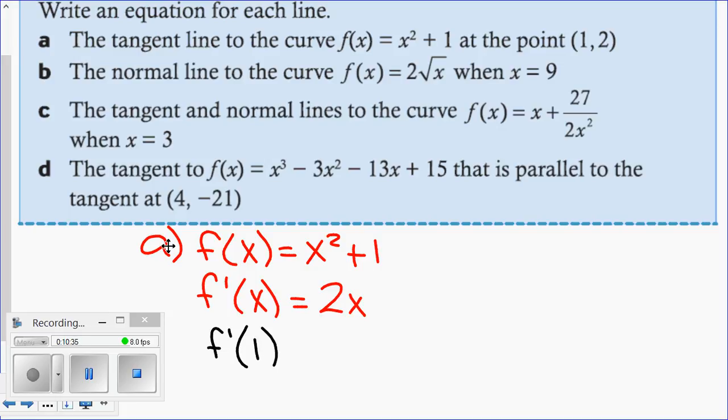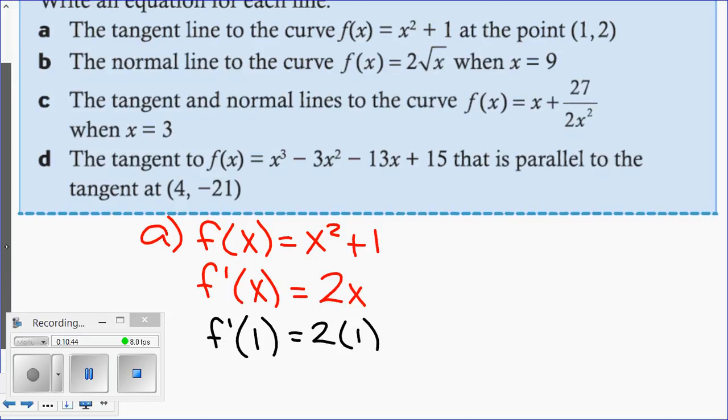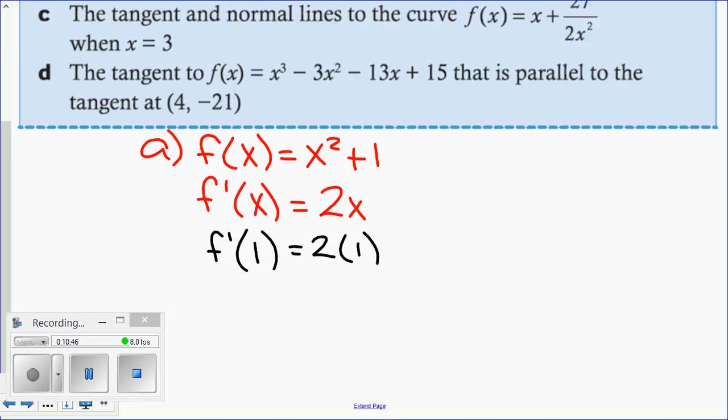We're at the point, right? So when we plug in 1 into our derivative, we get 2. And the derivative equals the slope of the tangent line. So what is the slope of the tangent line when x is 1? 2.